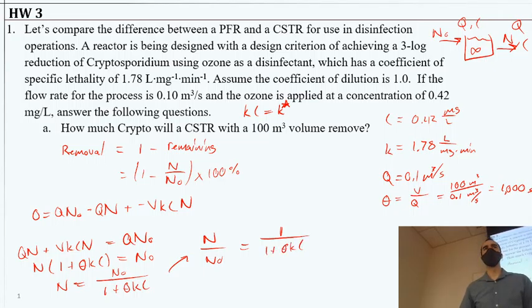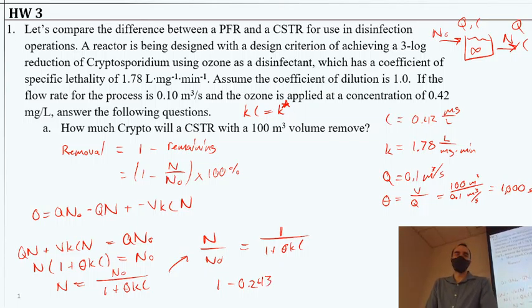So we've seen this before in different systems, first order decay in a CSTR. We can put in our numbers, and that becomes 1 minus 0.243. I'm going to post this. This will be posted, and the recordings are going to be up as well.